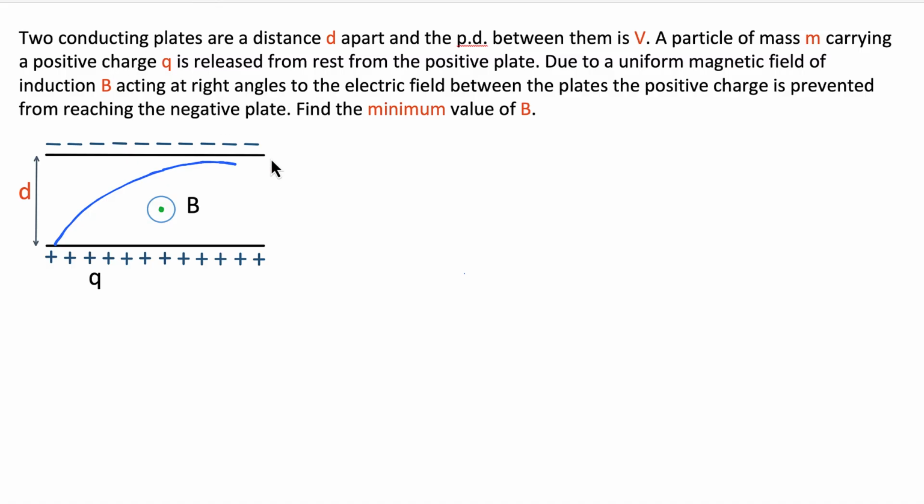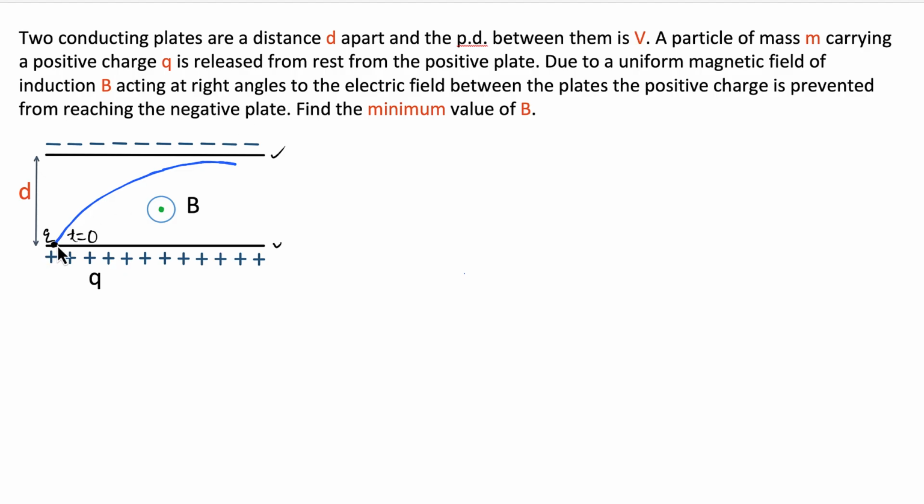Two conducting plates are a distance d apart. So these are the plates here, and the potential difference between the plates is V. A particle of mass m carrying a positive charge q, let's say this is the particle at t equal to 0, is released from rest.